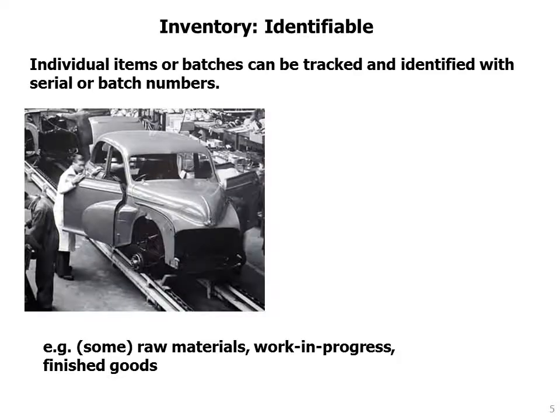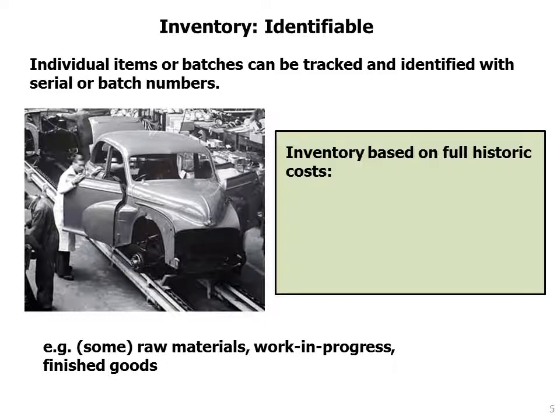We'll start with identifiable inventory. So an example is a car on a production line, so individual items can be tracked and identified with serial or batch numbers. And this accounts for some raw materials, most work in progress, and most finished goods. And the accounting treatment for inventory in terms of its valuation, the amount that is held on the balance sheet, that is reported on the statement of financial position, is based on full historic costs.